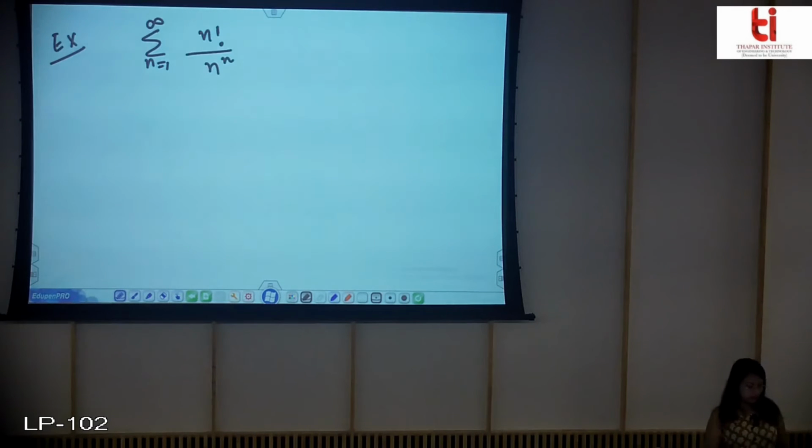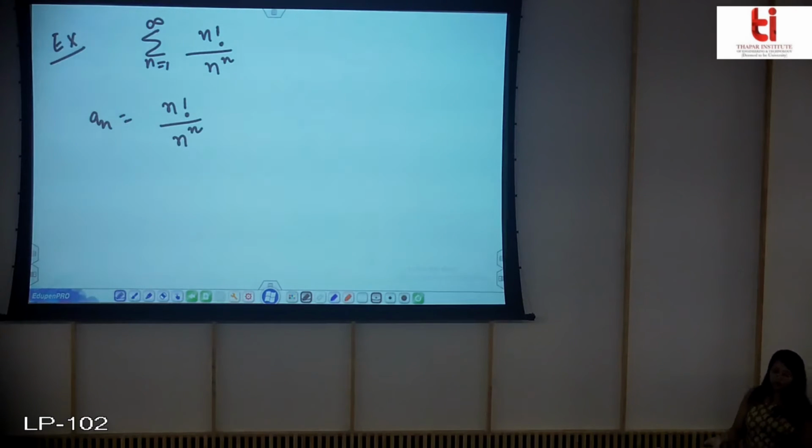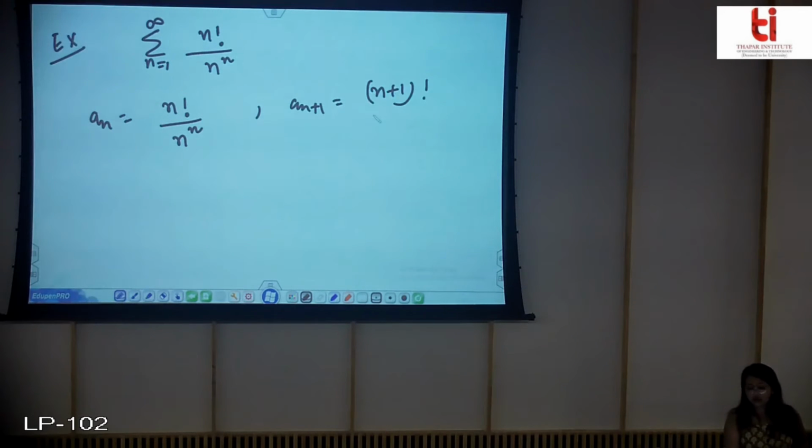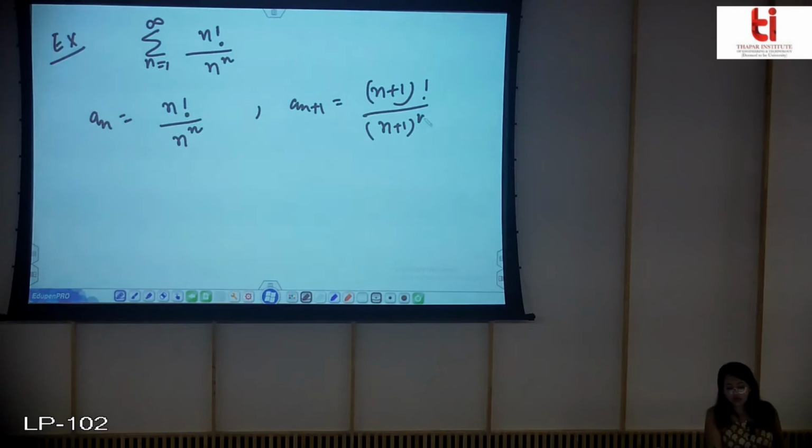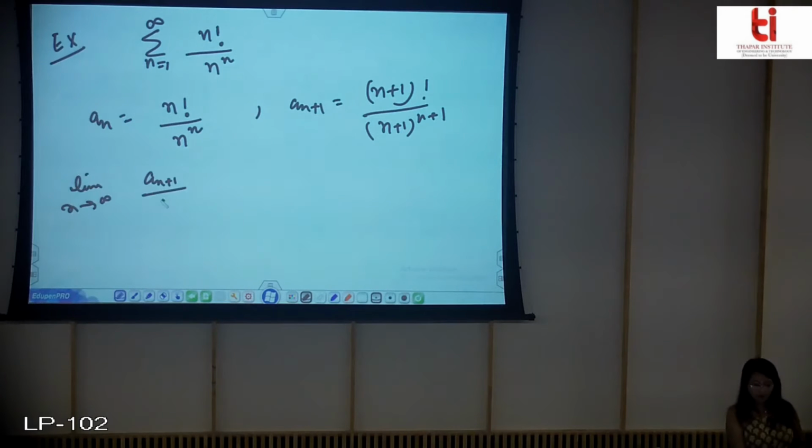So the first example is this series. You can see that it contains the factorial and also the nth power in a_n. So you can apply the ratio test here. If you find a_(n+1), I just have to put n+1 in place of n, so I get this. Now I'll find the limit of this.